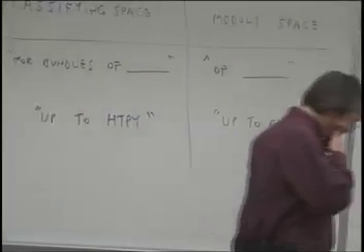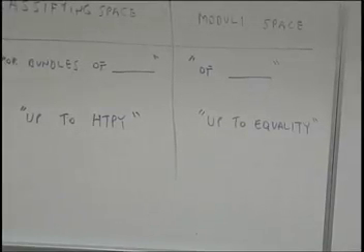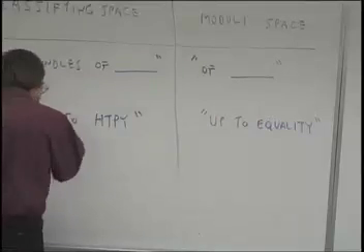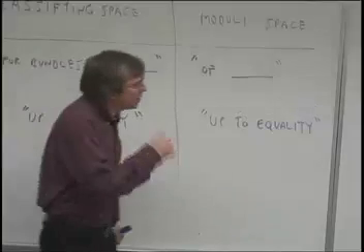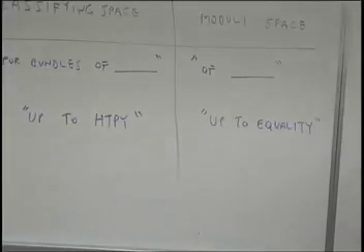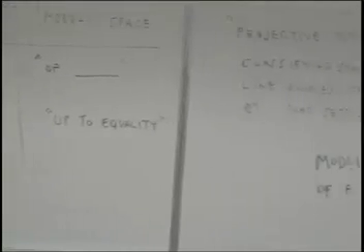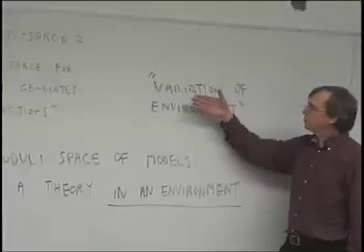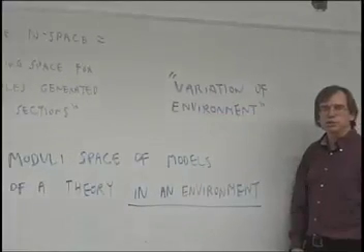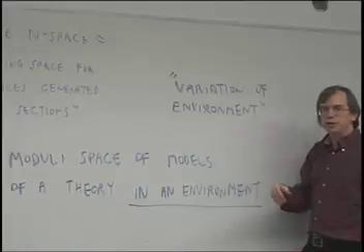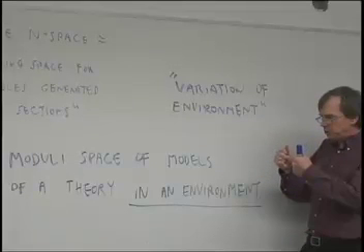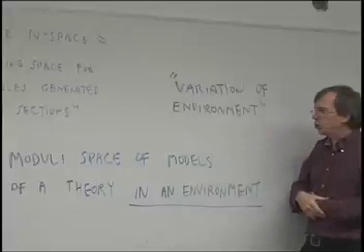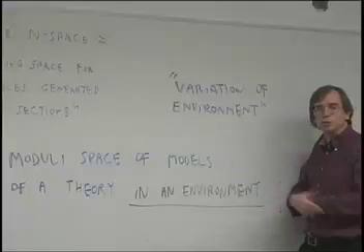So the important idea that I'm trying to get across right now is that the cohesiveness of moduli spaces is primarily due to this concept of variation of environment. You can interpret your theory not just into a point-like world, but into a parameterized world.